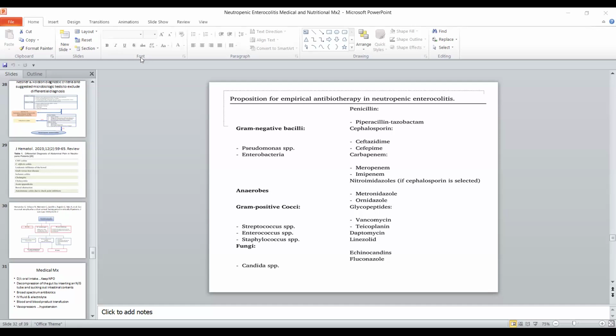I haven't come across whether that will improve the microbiota or not, because in neutropenic enterocolitis, the first thing you'll do is keep them NPO, nil per os, and there won't be any oral intake, and you would want to decompress the gut as quickly as possible.